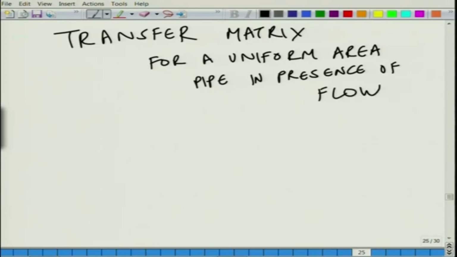So, how would that happen? As we saw, the pressure P tilde as a function of Z, time harmonicity is sort of implied. So, P of Z is given by A, from our previous theoretical developments that we did probably in the second week's lecture, the first couple of lectures. The solution was something like this, isn't it?